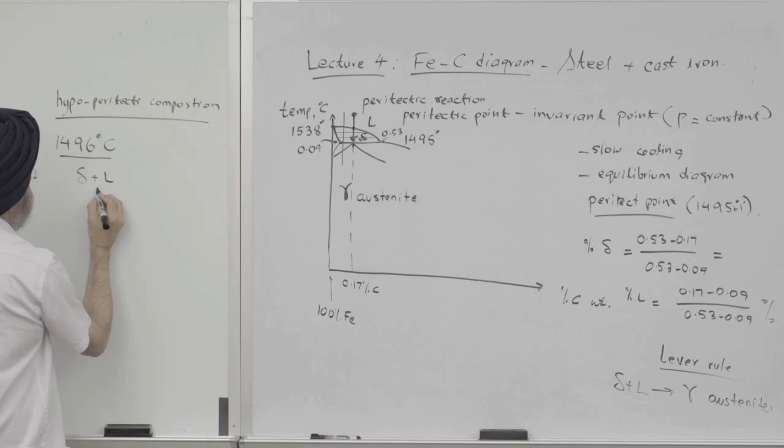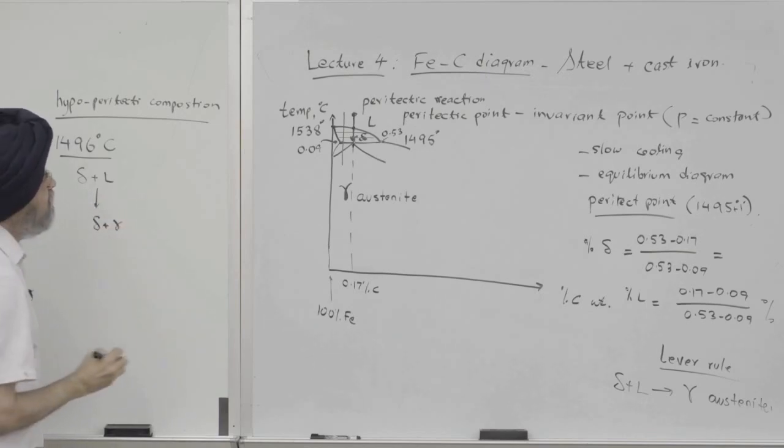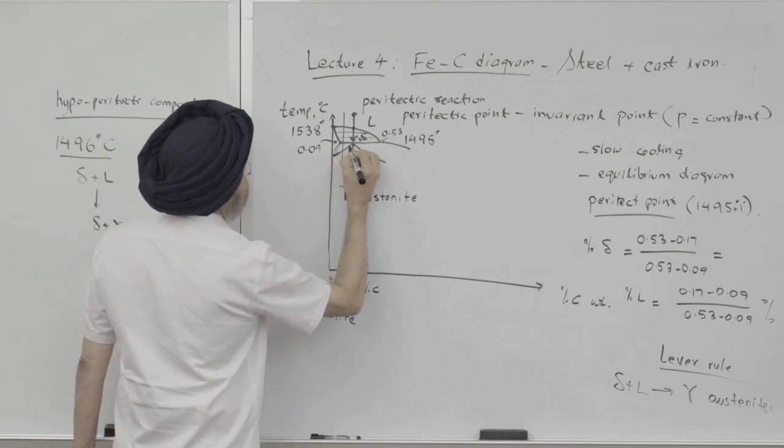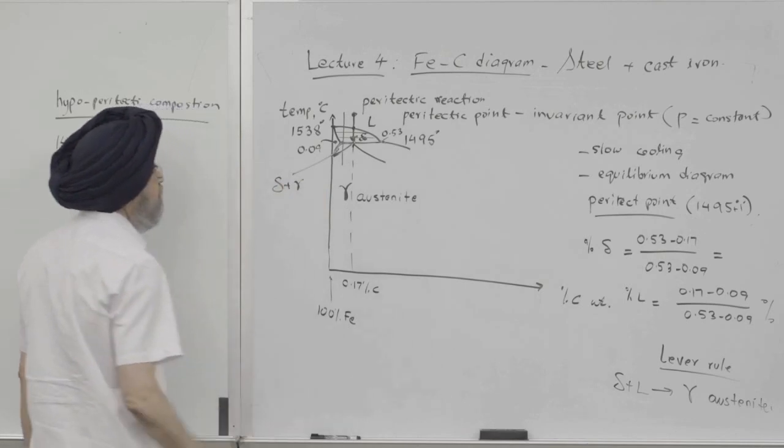So this reaction will give you delta plus gamma. So you're in this box. That box has delta plus gamma.